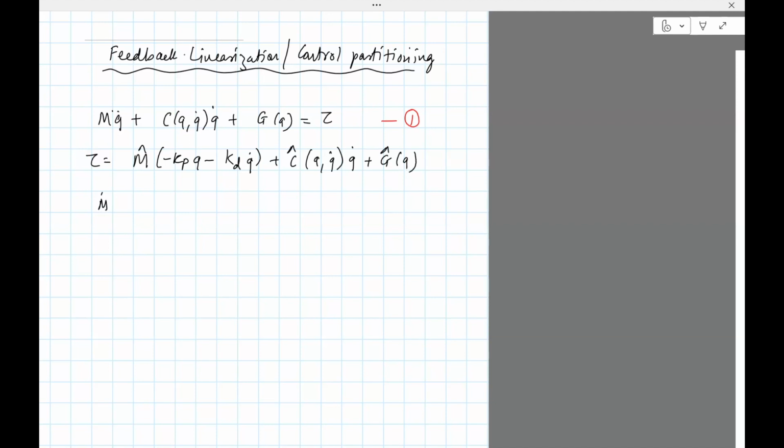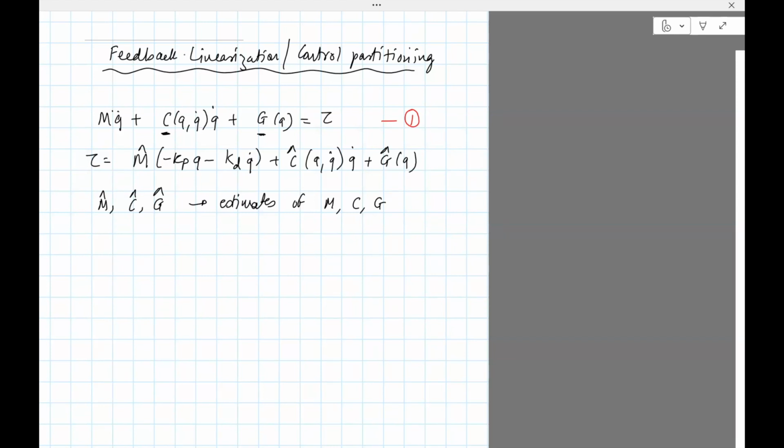Okay, what are M hat, C hat, G hat? They are estimates of M, C, and G. What are M, C, and G? They're basically related to the mass of the robot. Sometimes the velocity has to be taken into account for the Coriolis term, and G depends on the mass, inertia, and link lengths.